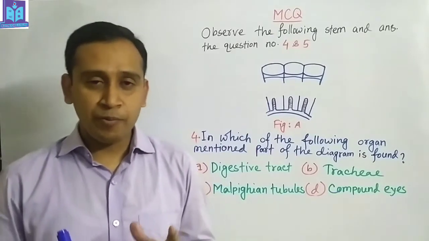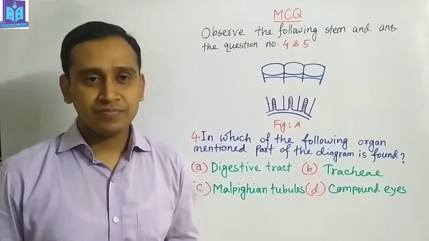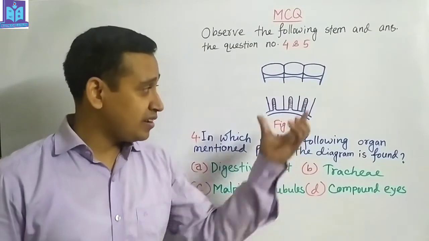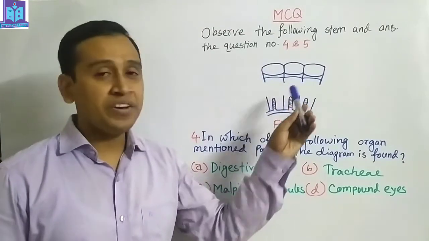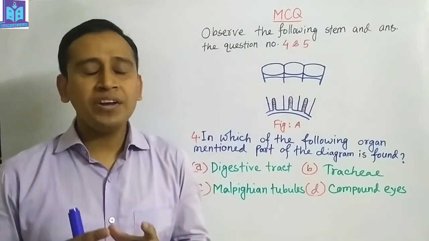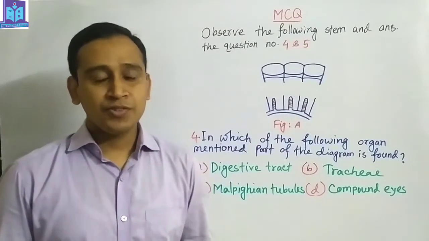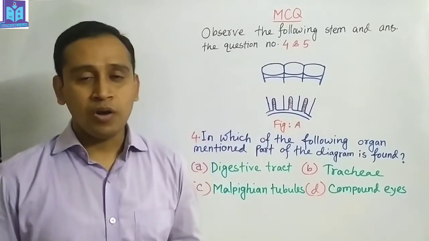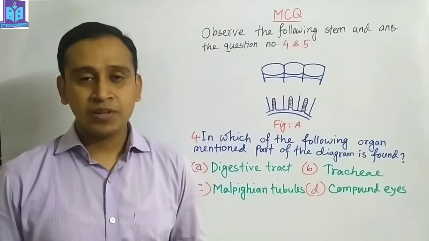At first, you have to recognize the diagram. I think you can easily recognize this diagram. Yes, it is ommatidium. So, ommatidium is basically found in compound eyes. So, the right answer of this question will be option D, compound eyes.